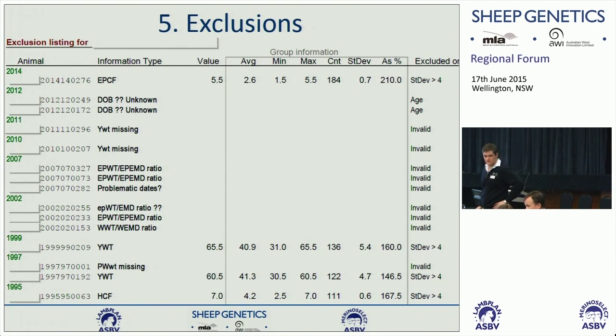Has it been in the show team and had access to much better feed than those other animals, for example? We worked through with a flock just recently that had quite a lot of them coming up, and it turns out that lambs are actually born on a number of different properties and boxed together after weaning. So you've got all these different property effects that we're not accounting for in our group codes. 4 standard deviations is very different to the average of the mob.